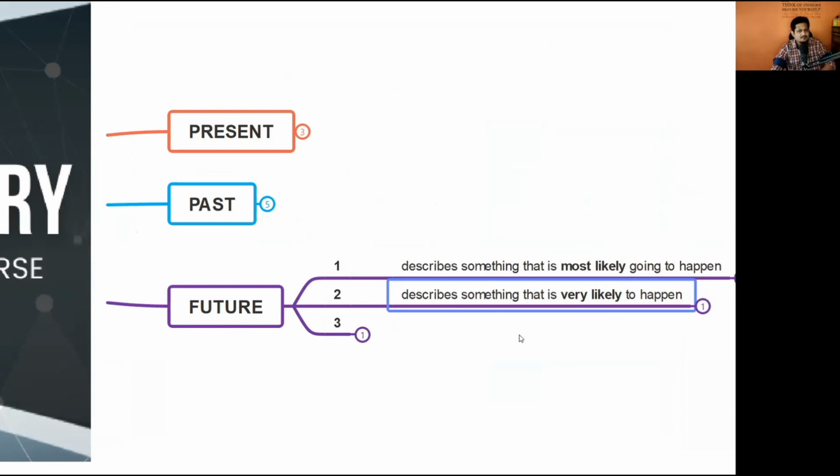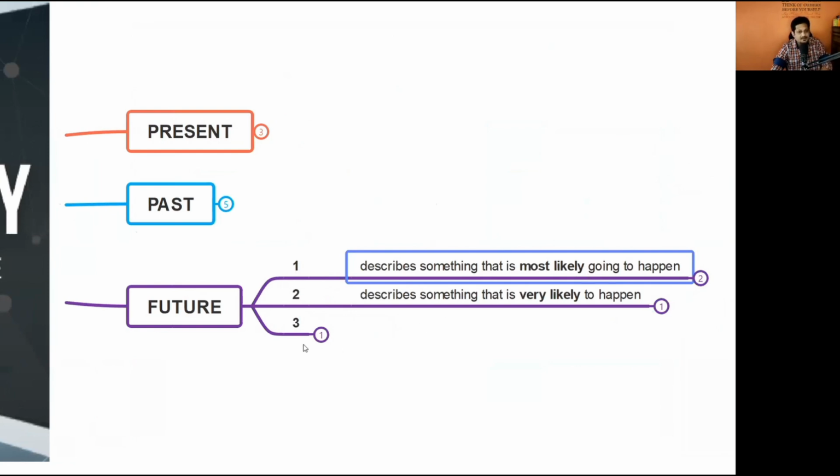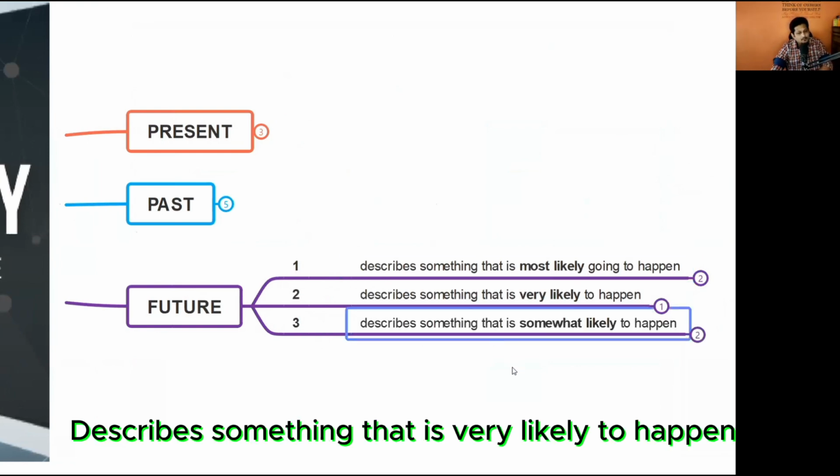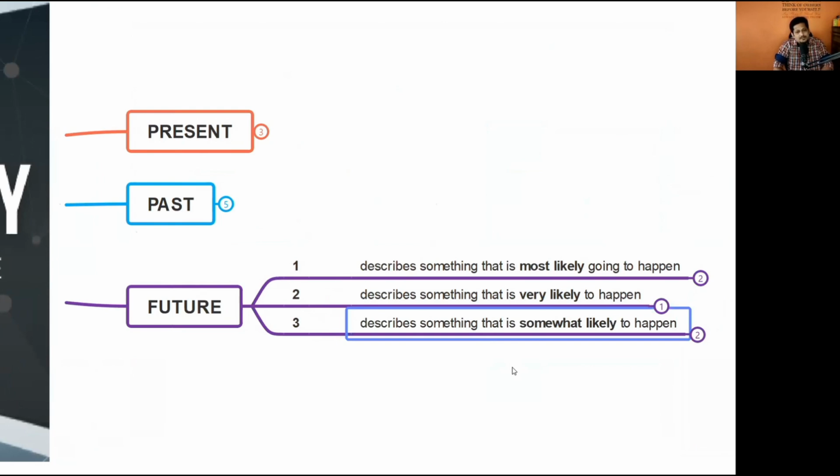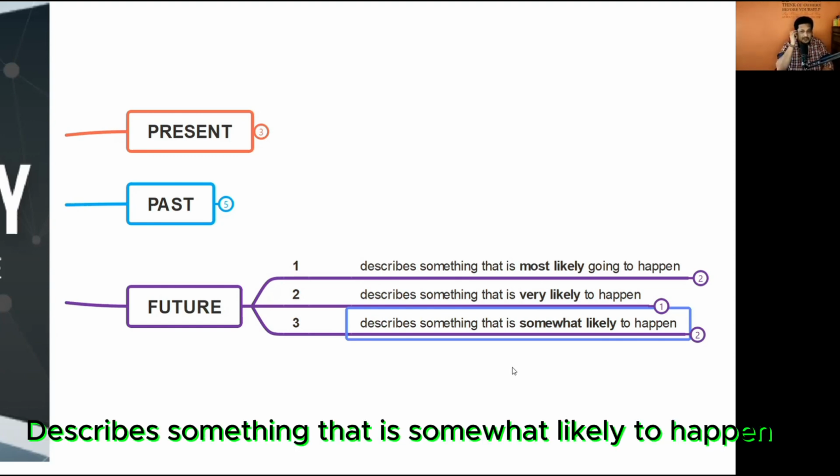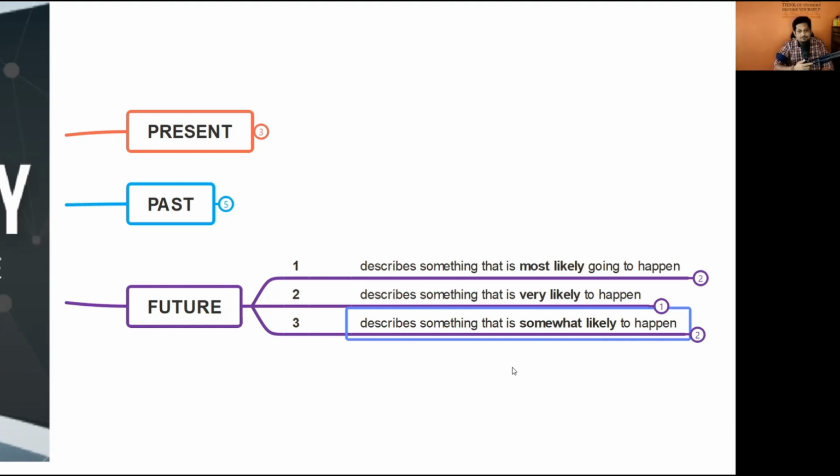That means there is slightly less probability than the first one. And also if there is something which is somewhat likely to happen, there is some kind of chance that it is going to happen in future, that is where I will use the future tense.